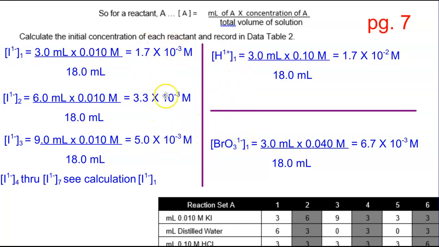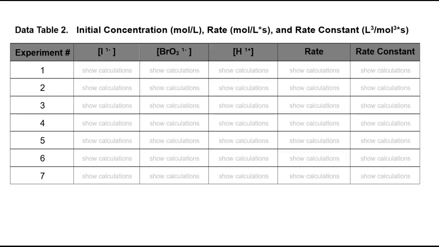All of these numbers then will be placed in the data table on page 2. So let's go back. This is the data table where you will place all 21 of those concentrations. So all 7 of the iodine, the bromate, and the hydrogen.